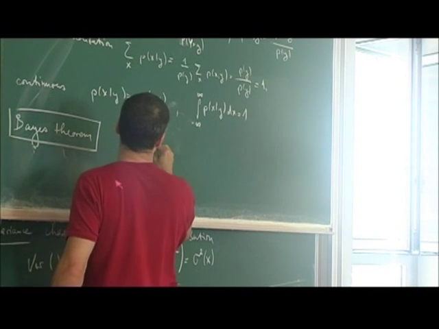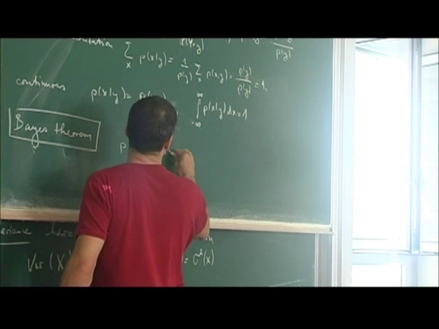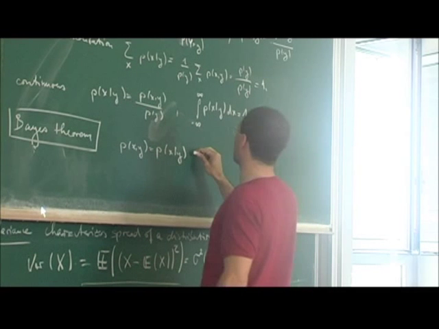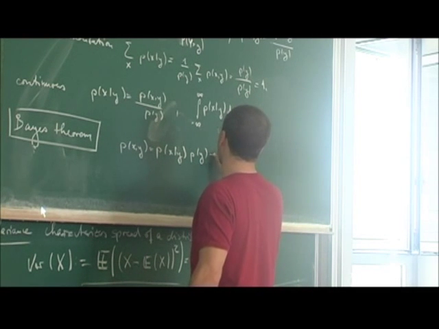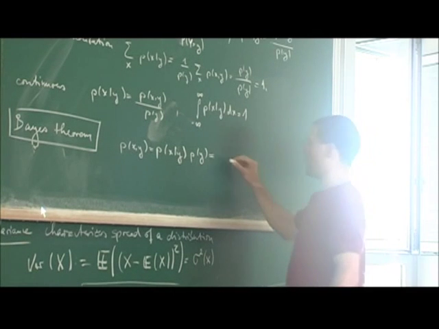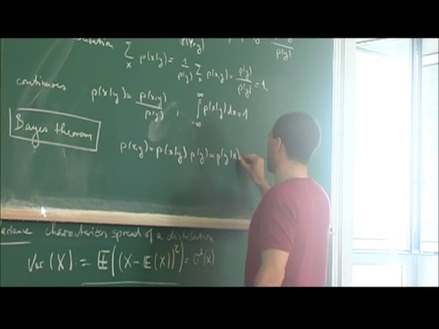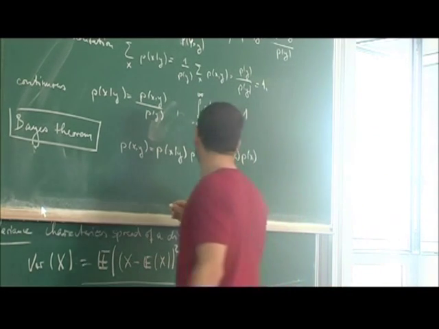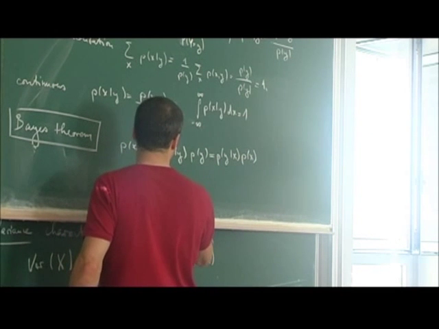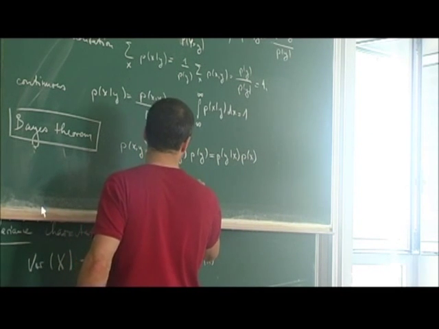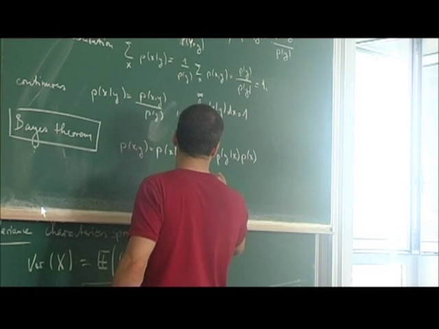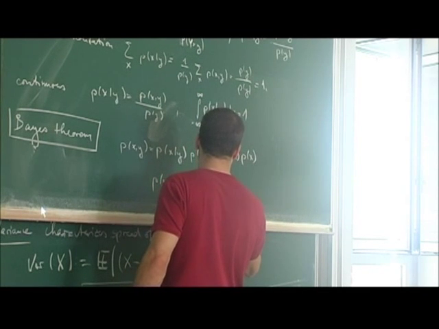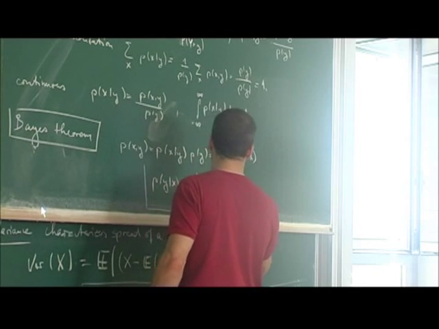So the joint of x and y, I can either write as the conditional of x given y times p of y, or I could write it the other way around. And that allows me to re-express this conditional. Okay, that is Bayes' theorem.